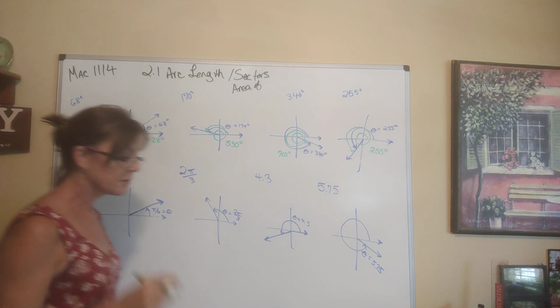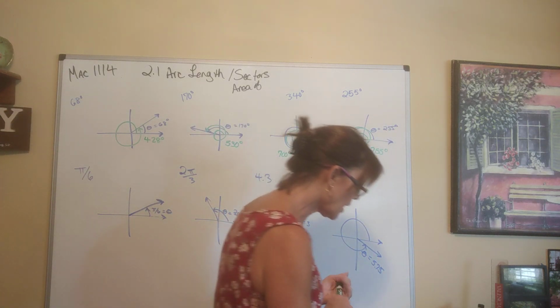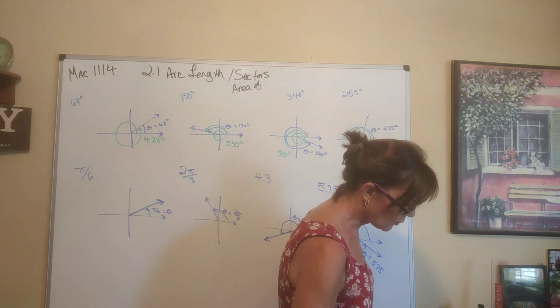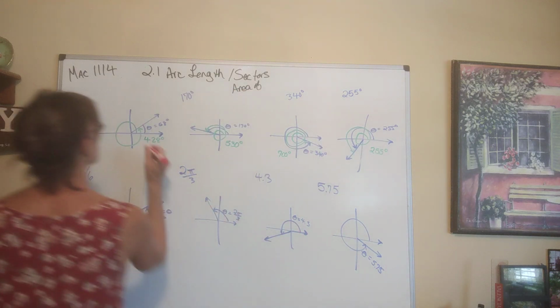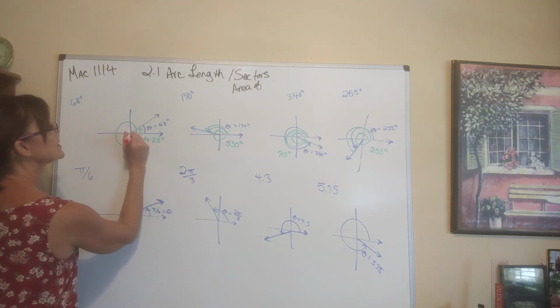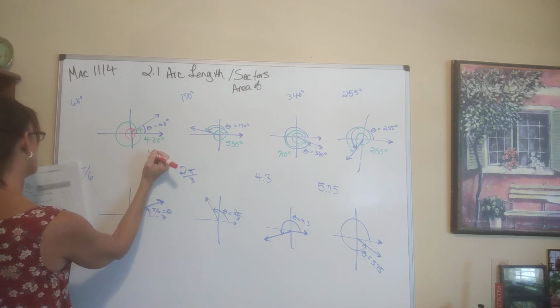Let's find a negative one. To go negative, we go in the clockwise direction. An angle that will be coterminal with 68 degrees will be, what if we just start with this initial side and we go all the way to here to this terminal side that far.